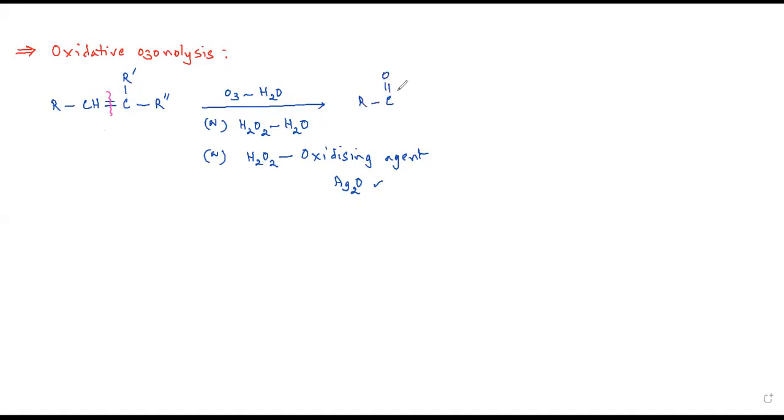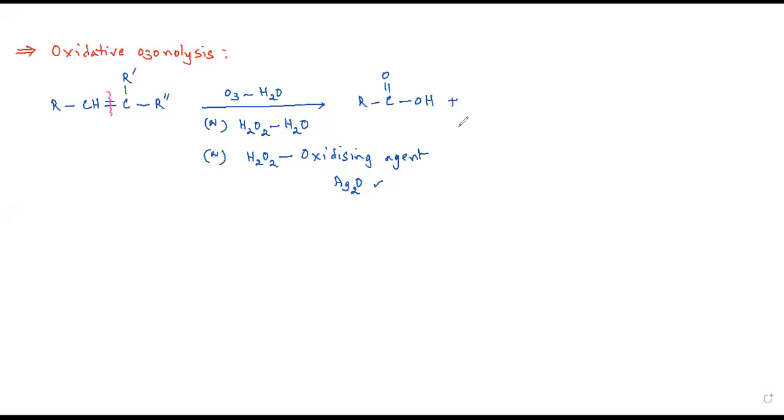See, this part becomes carboxylic acid. Initially, supposing if you consider the basic reductive ozonolysis, we know that it becomes an aldehyde. But because this is oxidative ozonolysis, the aldehyde formed is further oxidized to acid, right?